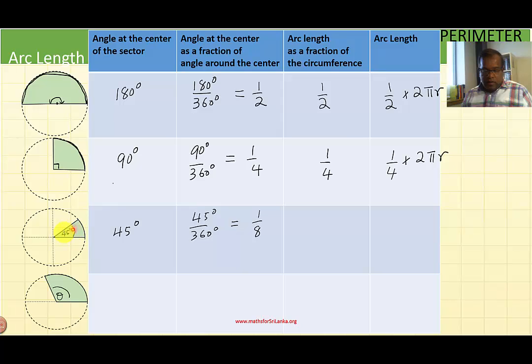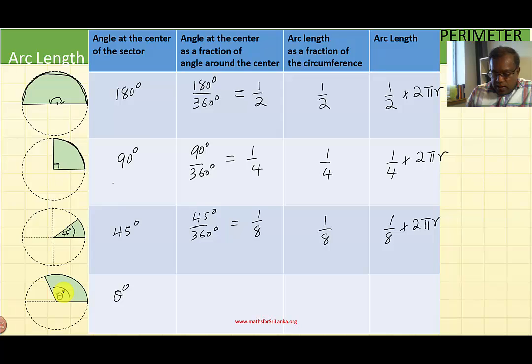As you see here, we can fit two sectors like this in 1/4, so 2 times 4, which is 8. So we get 1/8, and therefore the arc length is 1/8 times 2 pi r.